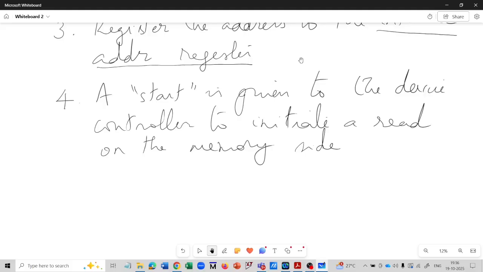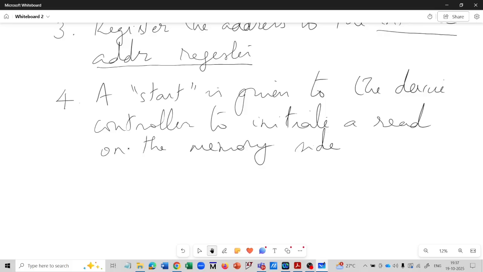And this will be an indication for the device controller to initiate a read transaction on the memory side. So as part of this, of course, the address register contents will be connected to the address bus of the memory on the device side, and all the other handshake signals like the read signal and perhaps the chip select signal.